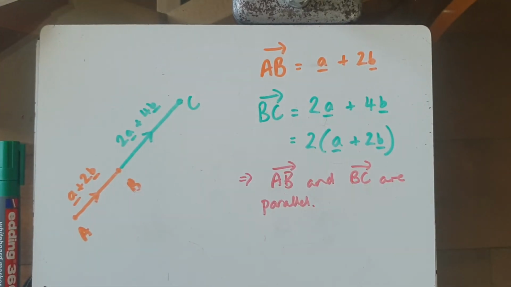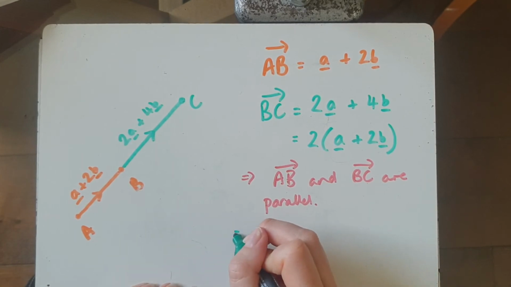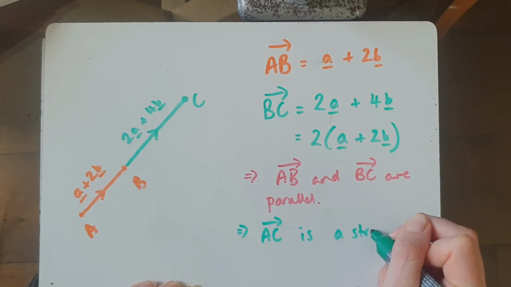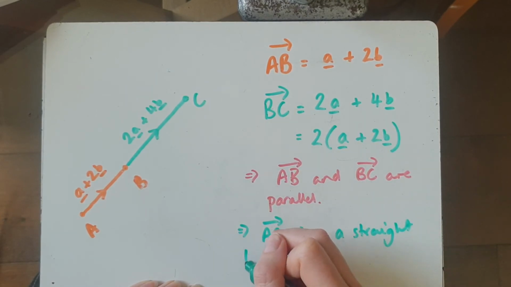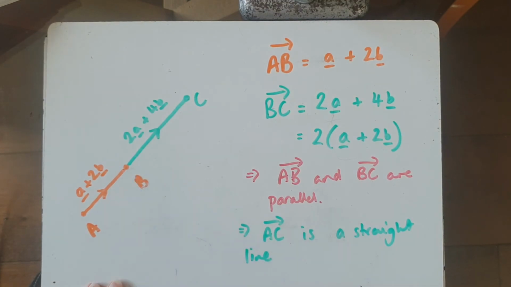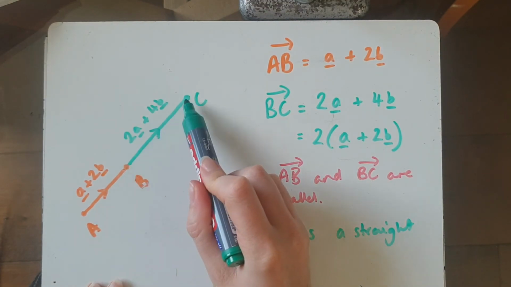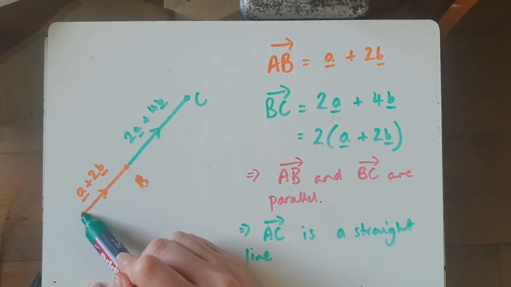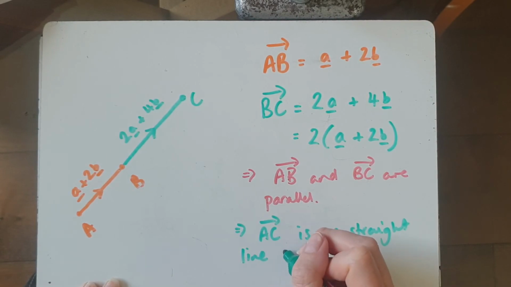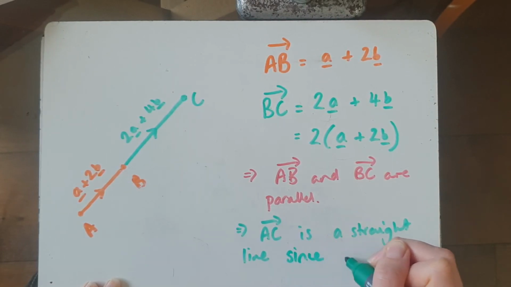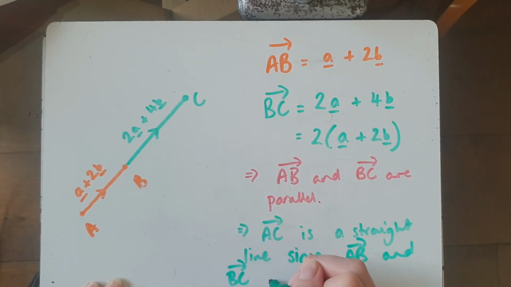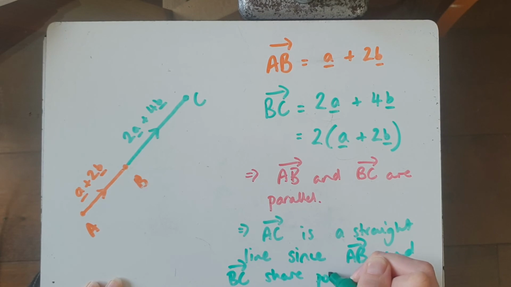So A to C must be a straight line, because we've travelled from A to B, and then in exactly the same direction we've travelled from B to C. So altogether this must make a straight line. So AC is a straight line since AB and BC share point B.